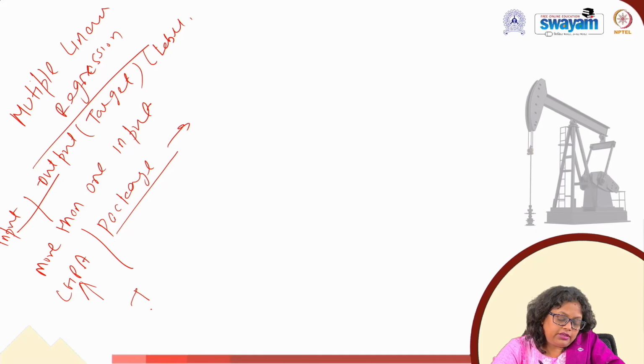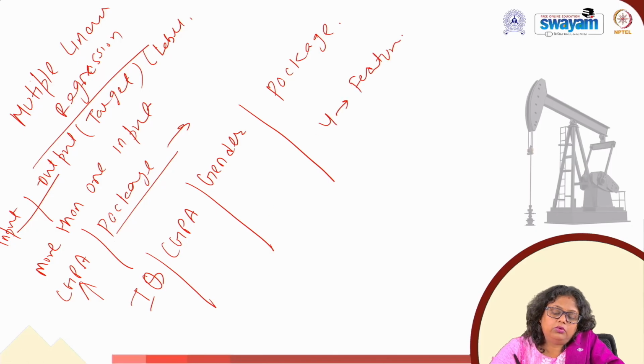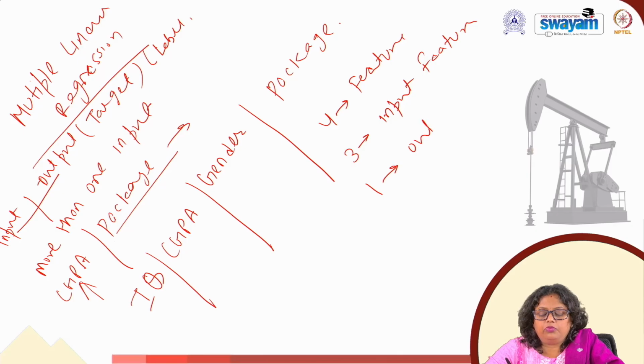So let's add one more input, IQ, then CGPA, then we may add gender, and then you have the package. Now the data you have here has a total of 4 features, and out of the 4 features, 3 are input features and 1 is the output feature.